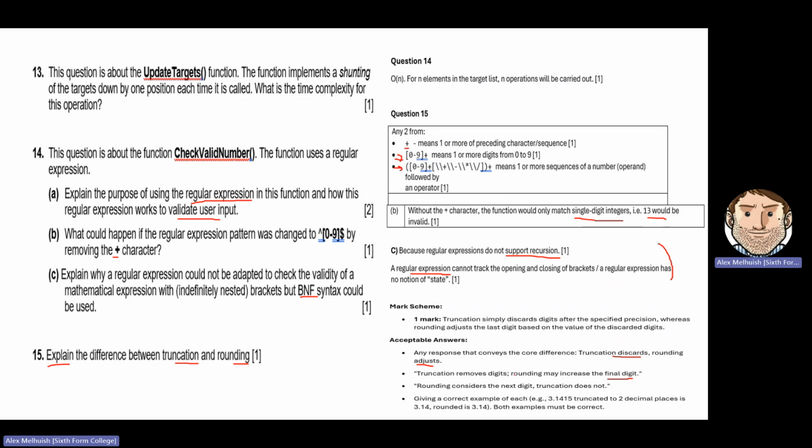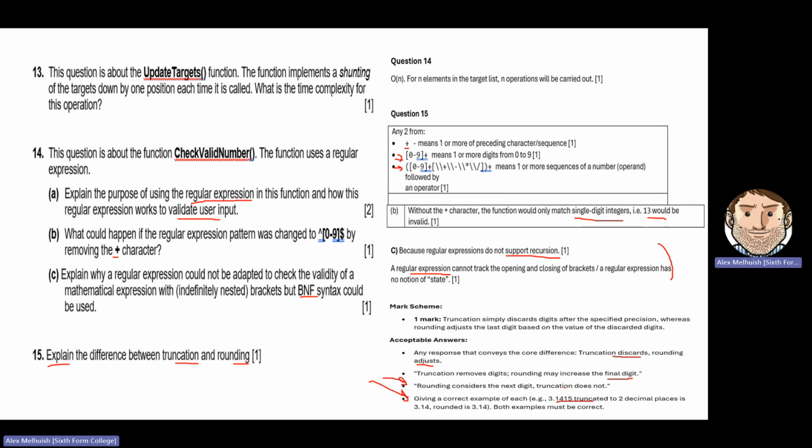And you know, the easiest and clearest way to do it was to then just back up your explanation with an example. And so obviously you can see this one here, truncated to 2 decimal places, what it would look like, what would it look like if it was rounded to 2 decimal places as well. Okay, so yeah, people that gave examples tended to get the marks on this question purely because the explanation of rounding in particular wasn't so clear.